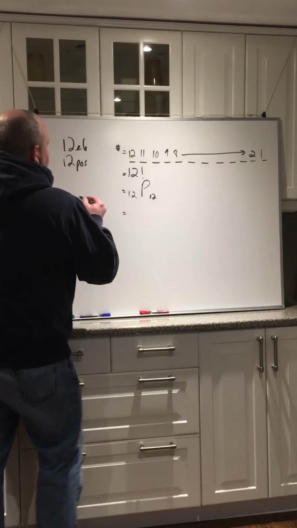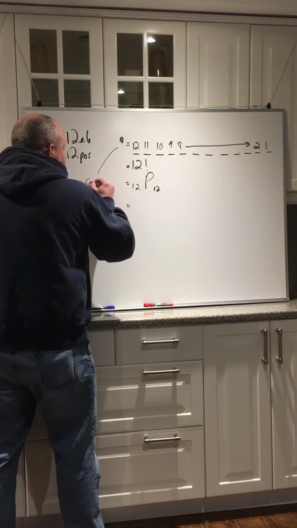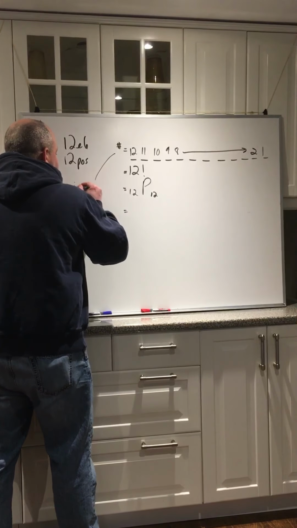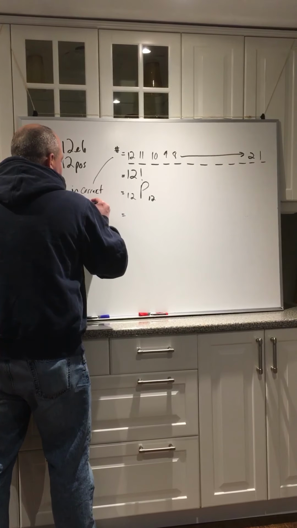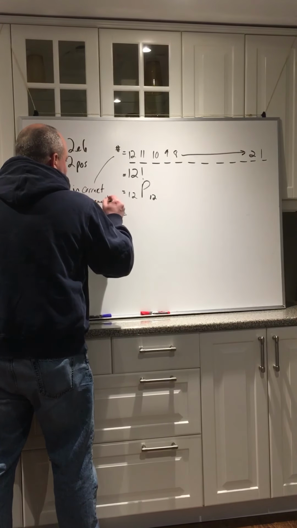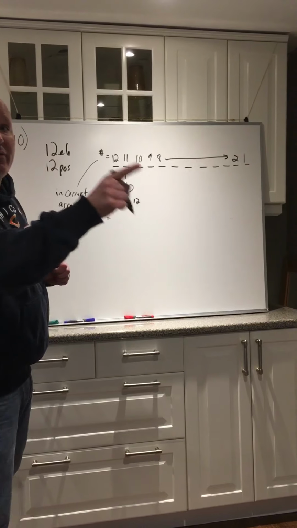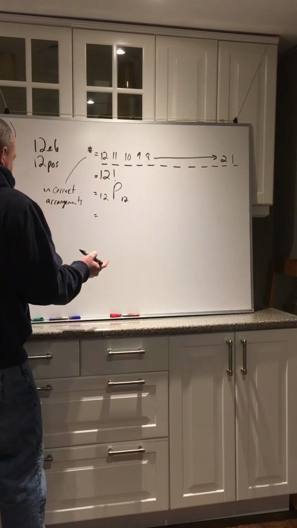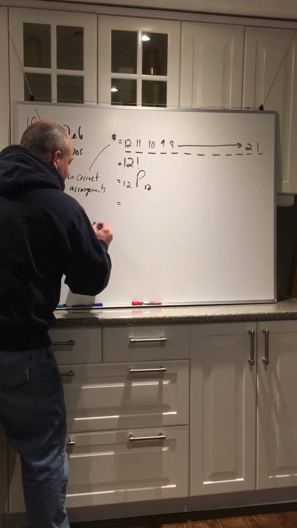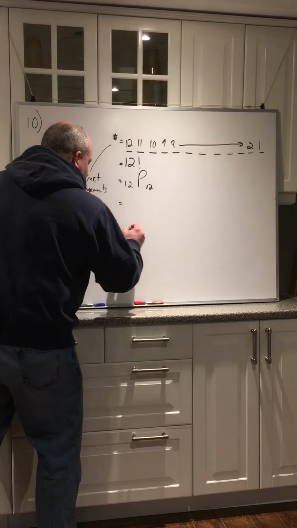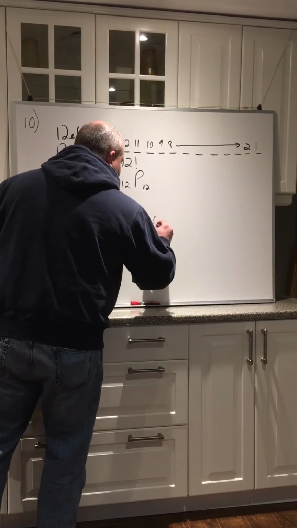So, to figure out the number of correct arrangements. Oh, sorry, incorrect arrangements. This one's asking for the number of incorrect arrangements. Well, how do I do incorrect? Well, if I take all possibilities and I subtract the correct, that's going to be my number of incorrect.